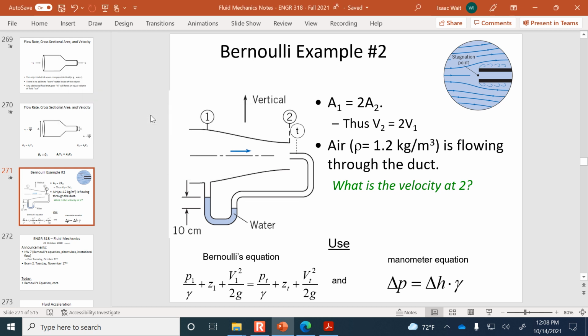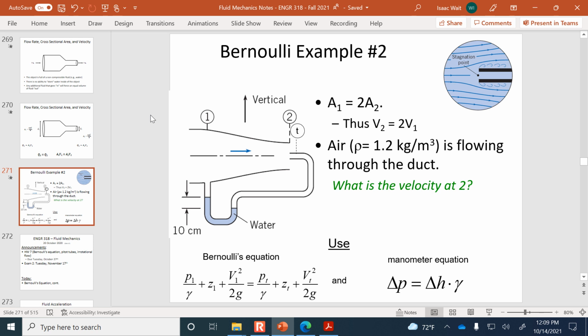Okay, sometimes it makes more sense once we plug some numbers in. I've rearranged the manometer equation so that on the left-hand side it's saying the change in pressure, and on the right-hand side is just delta H times gamma. So the change in pressure between the tube and location 1 is going to be 0.1 meters of water times 9810 newtons per meter cubed.